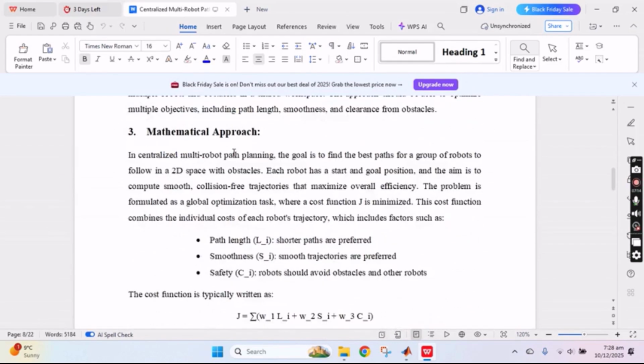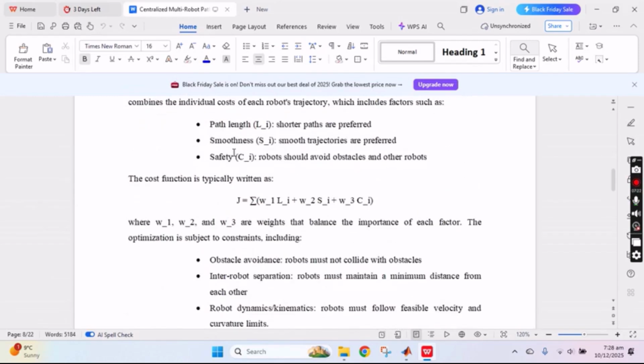Okay, so the mathematical approach is written here, in which we have used path length with the smoothness with safety.